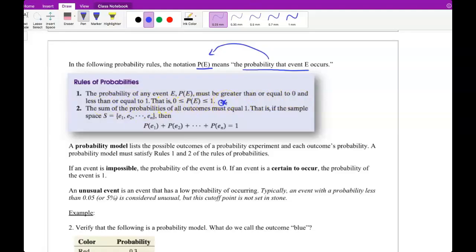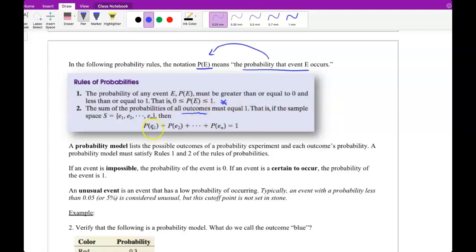The number 2, the sum of probabilities of all outcomes. So all the outcomes in one sample space, the probabilities of those outcomes must add up to 1.